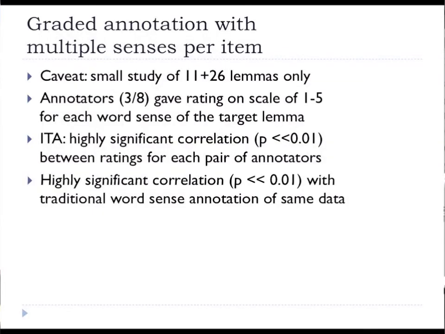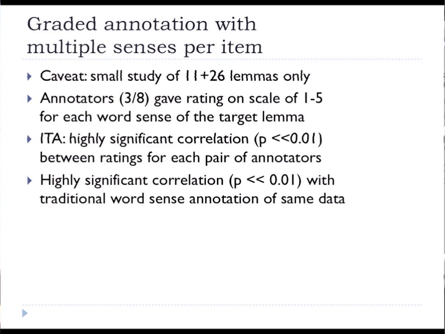So a caveat on this was a relatively small annotation study. In the first round we did 11 lemmas, in the second round we did 26 more lemmas, and in the first round we had 3 annotators, in the second round 8 annotators. Annotators gave us a rating on a scale from 1 to 5.